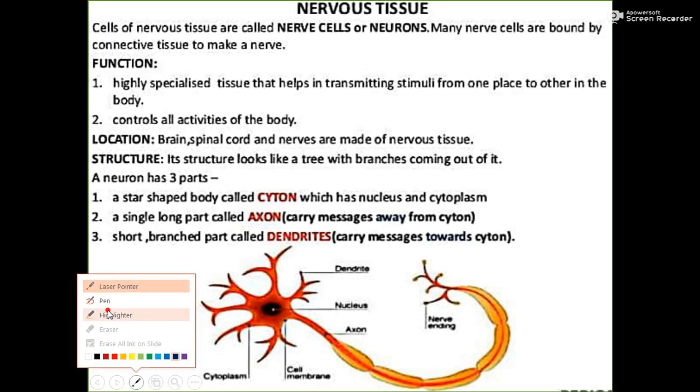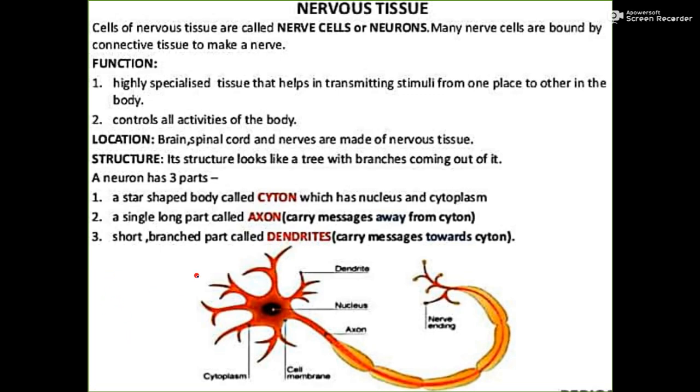Cytone, axon and dendrite, these are the parts which you can see here. This one area only is known as cytone, and from here to this one area is known as axon, and these are dendrites.